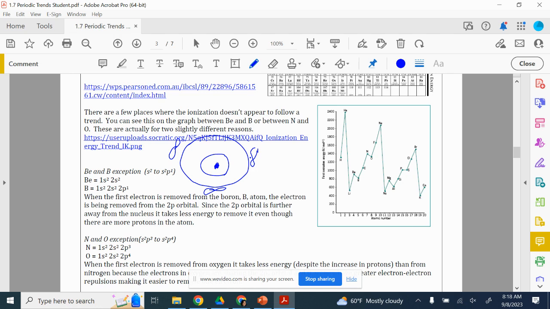Okay, so when I go to boron, I've got 1 electron here. When I go to carbon, I've got 1 here. And when I go to nitrogen, I've got 1 here. Now, when I go to oxygen, I am doubling up.